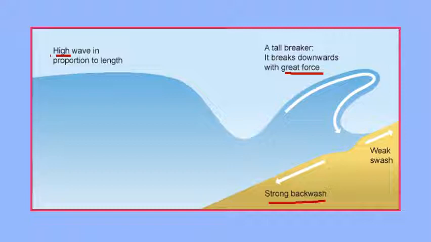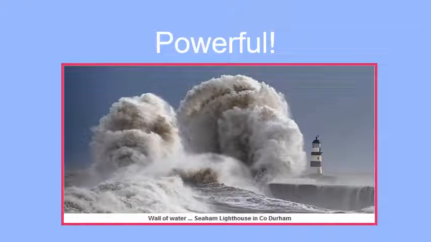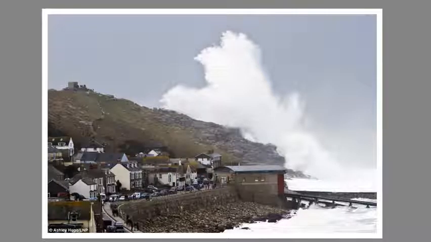Now, these characteristics of destructive waves create the power of moving water as waves. Just have a look at that photograph. I think you can understand why they are called destructive waves. So high, hitting into the land with such force.